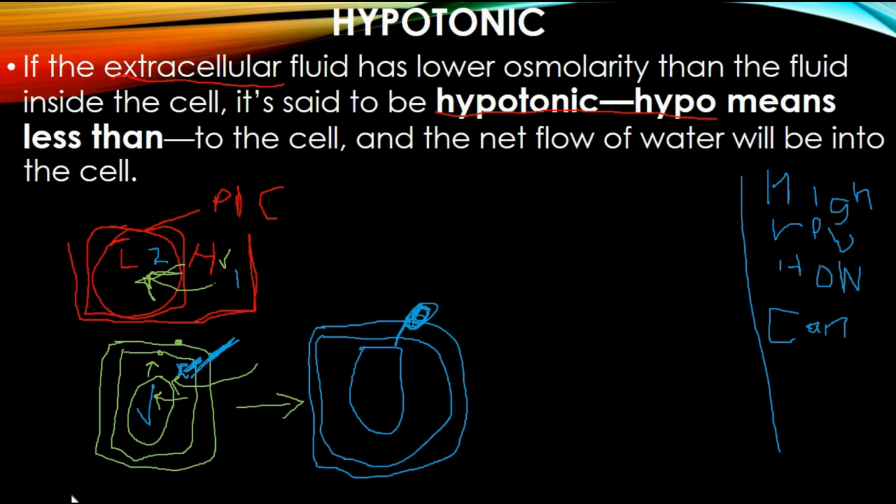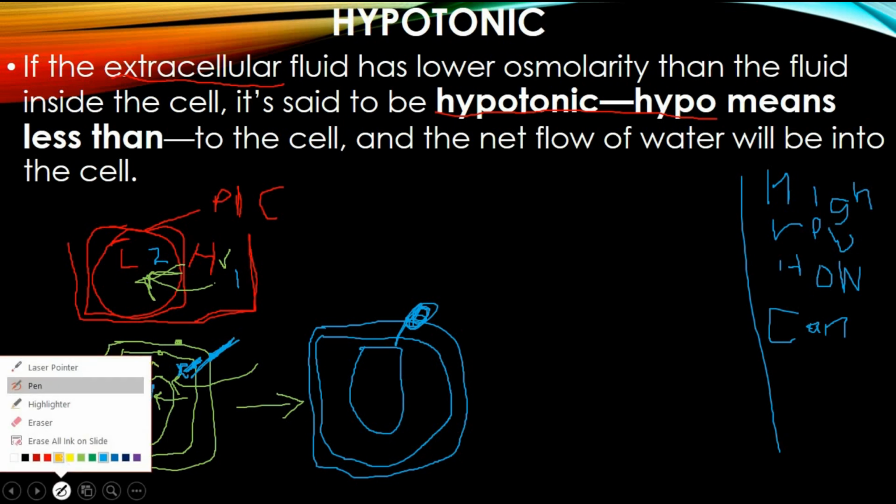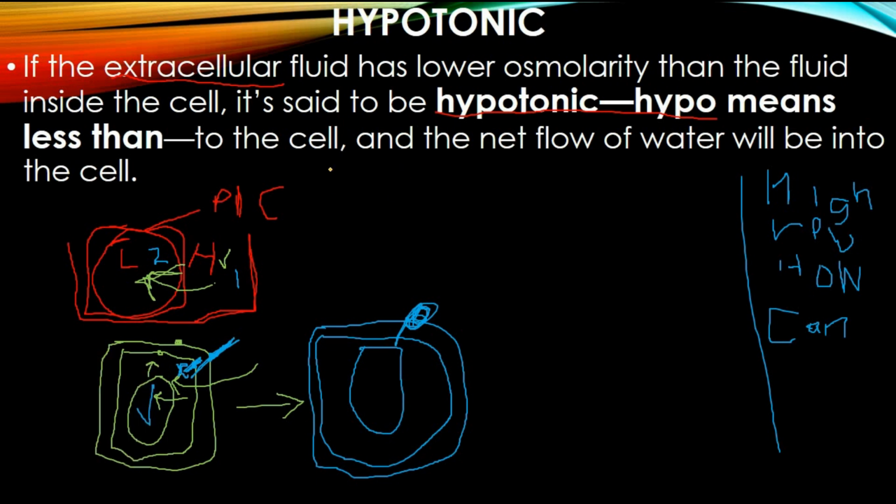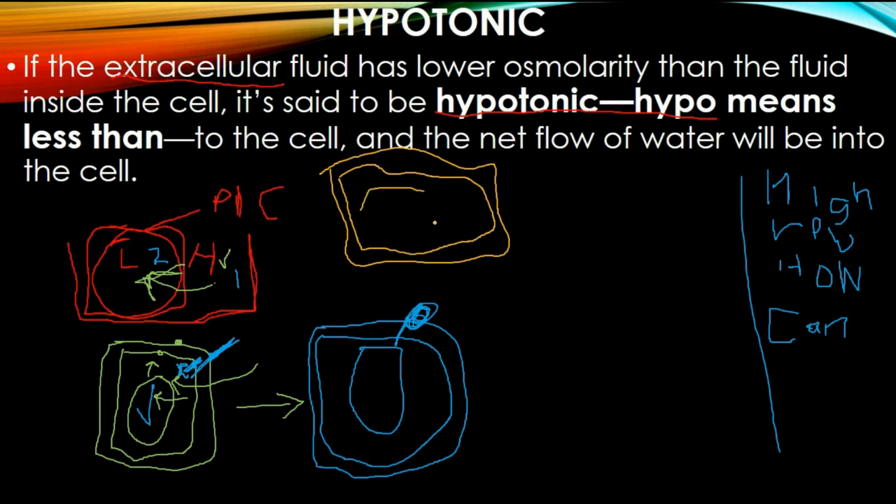So let me just sketch another diagram here for you so you can get it proper. So here is our diagram. Label the parts here of the plant cell for me. What is this part?